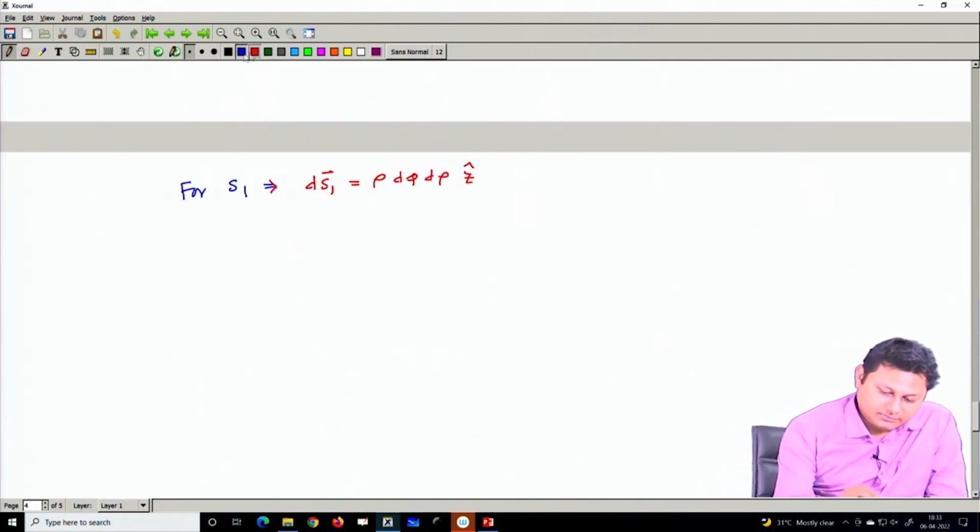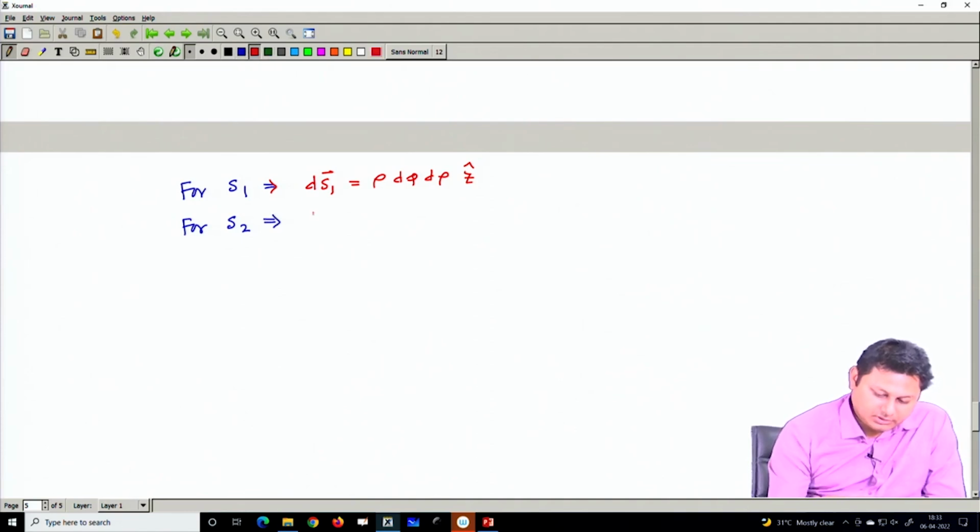Next for S2 I have ds2, which is equal to minus, because it is a lower surface, rho d phi d rho z unit vector.